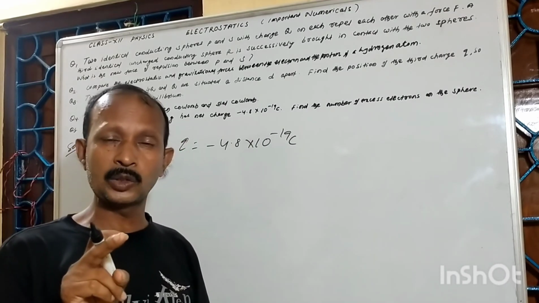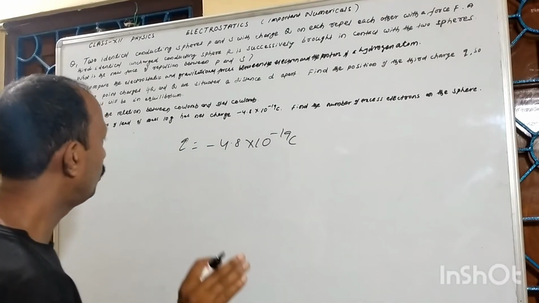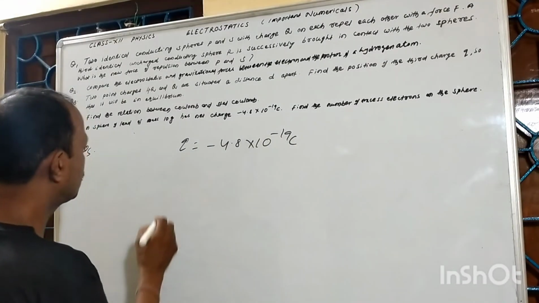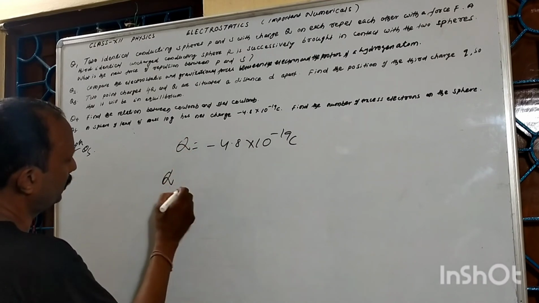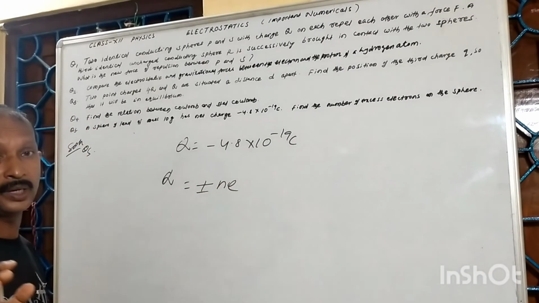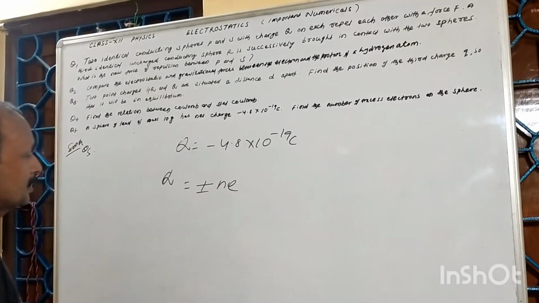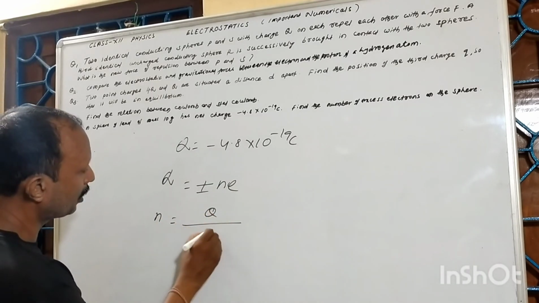Excess electrons means definitely it is negative charge, there is no doubt at all. We know that Q is equal to plus minus N into e. So in this case I can write that N is equal to Q upon e.